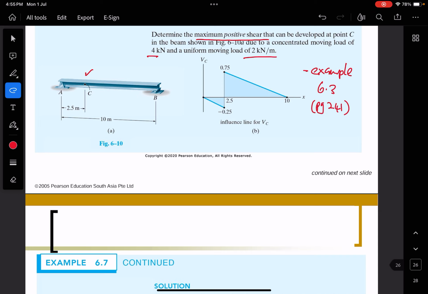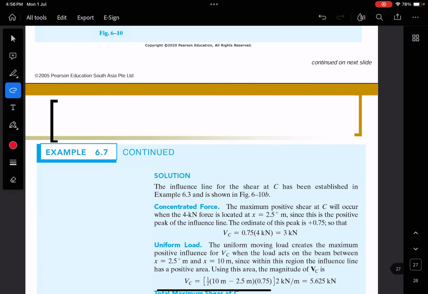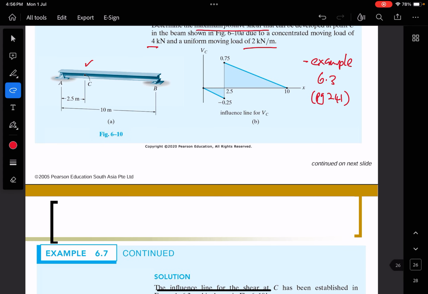So this has been mentioned in example 6.3. Okay. So now we want to see what is the influence line for the shear at C, meaning that you need to consider the effect of shear due to the 4 kilonewton concentrated load and also the effect of shear due to this 2 kilonewton.